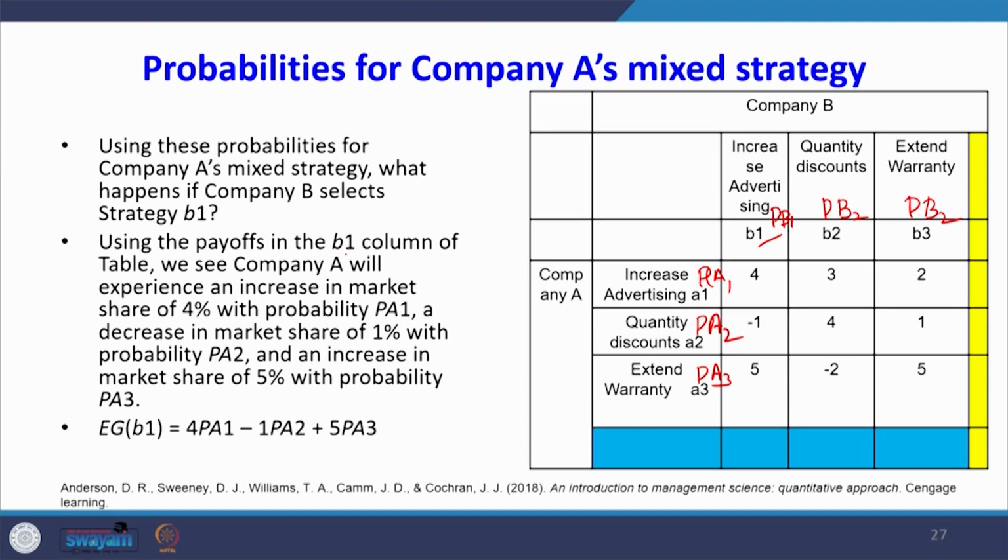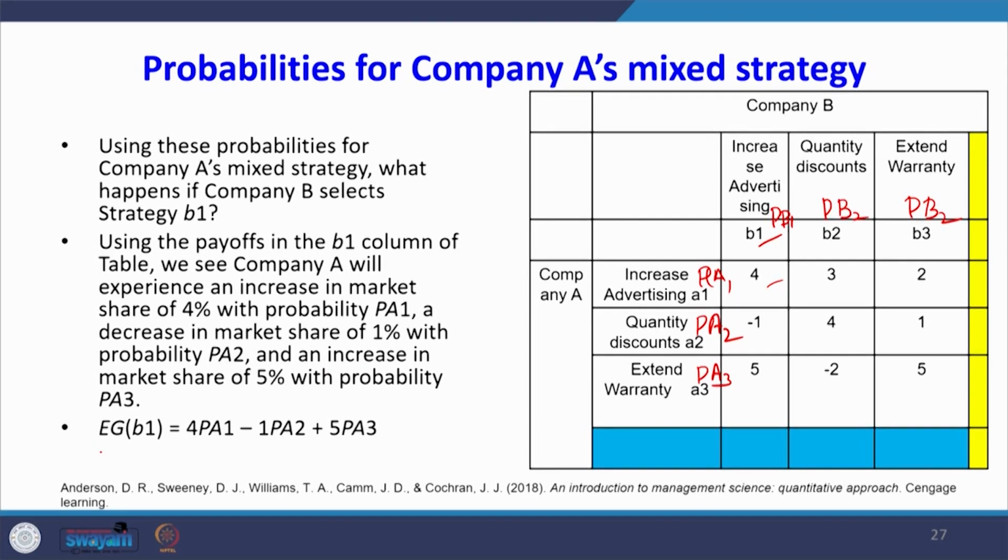Using the payoffs in the B1 column of the table, company A will experience an increase in market share of 4% with the probability PA1, a decrease in market share of 1%, this -1, with the probability PA2, and an increase in market share of 5% with the probability PA3.